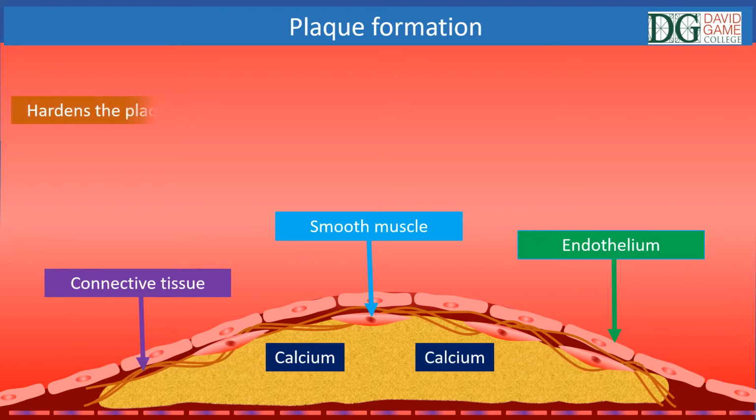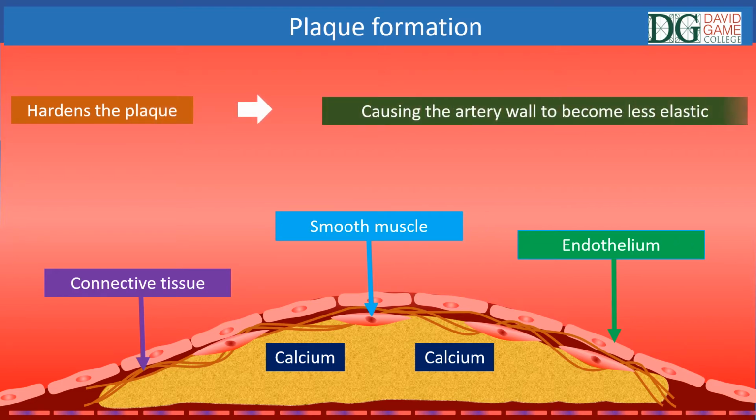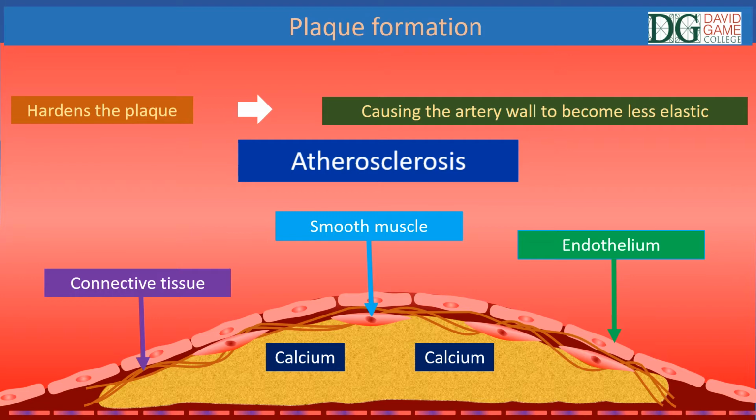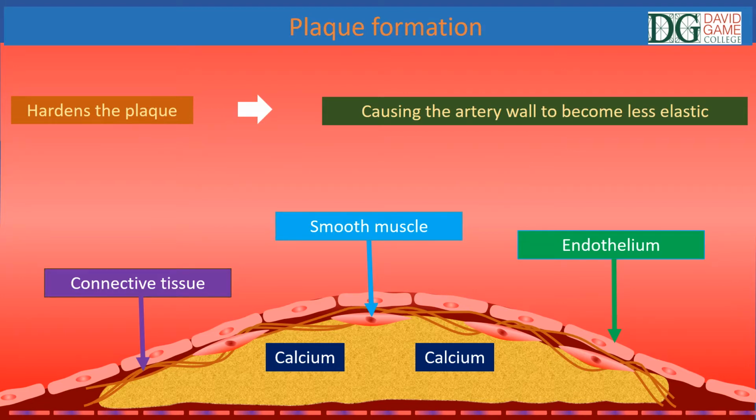This hardens the plaque, causing the artery wall to become less elastic, hence the term hardening of the arteries or atherosclerosis. The narrowing of the artery lumen causes an increase in blood pressure that can further damage the endothelium, resulting in more plaque formation. This is a positive feedback effect.